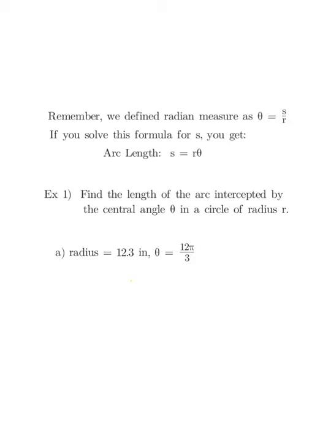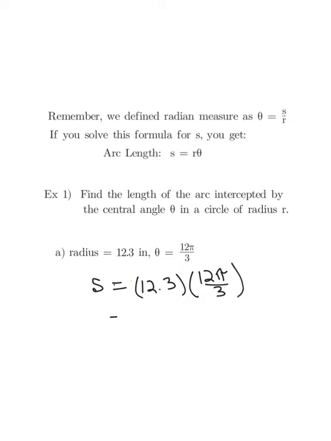So this one is just going to be putting the formula into play. And remember, we are finding arc length, which is the letter S, equals R, 12.3, times theta, 12 pi over 3.